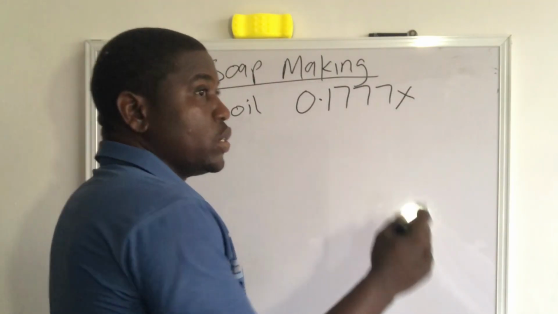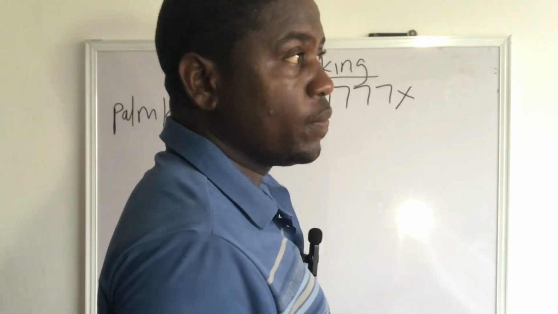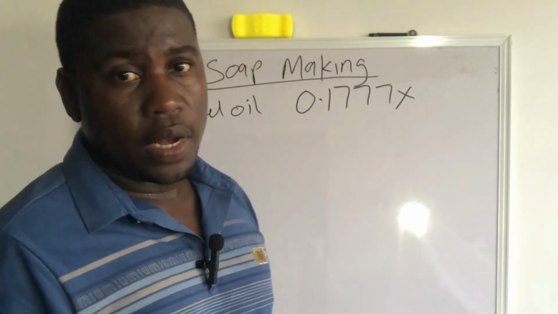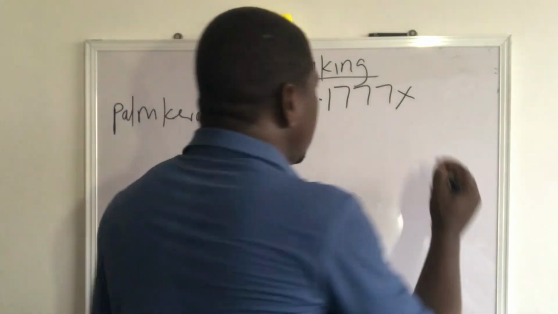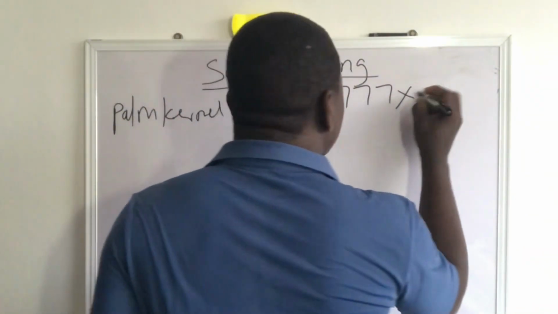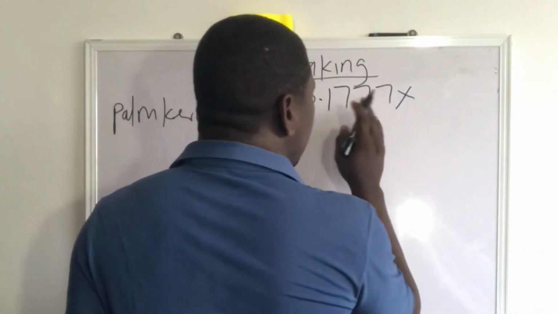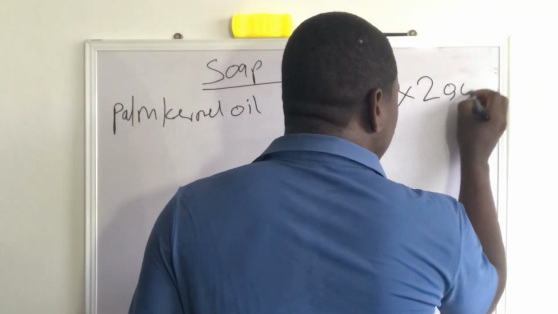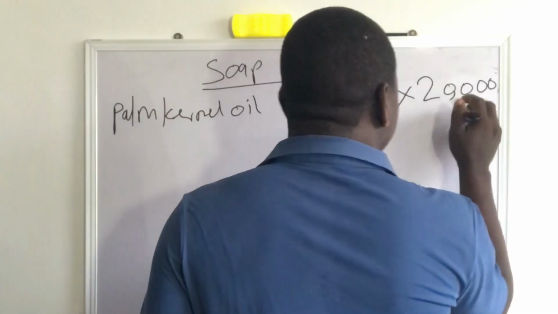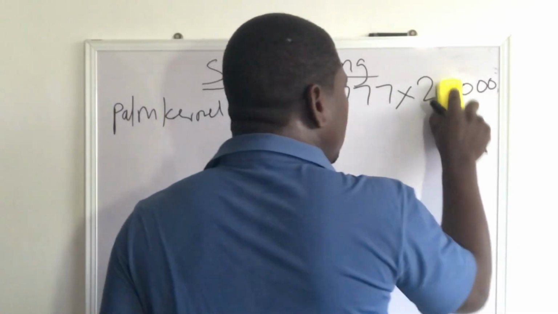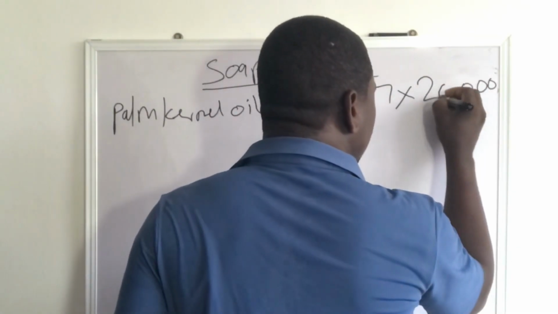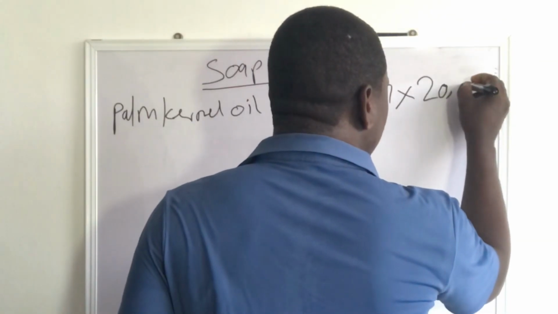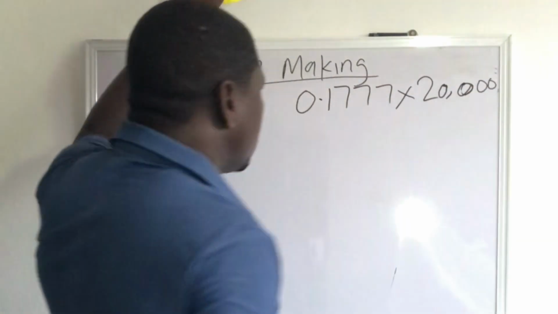Let's say 20,000 grams of oil. That is 0.1777 times 20,000.